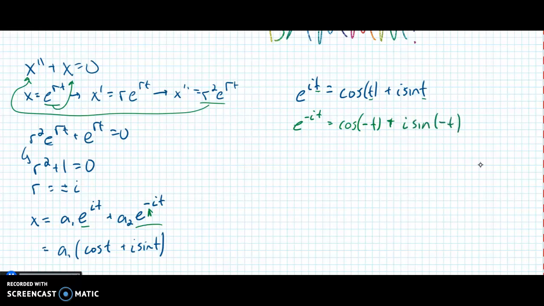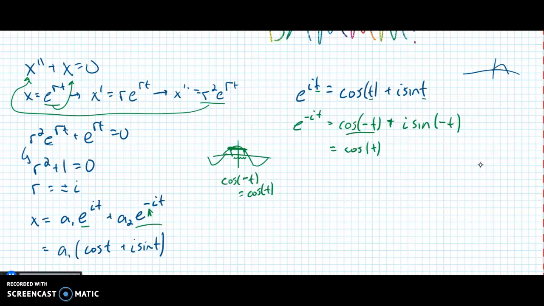Now, we don't ever write it like this, and here's why. Cosine, like x squared, is an even function. So if I go forwards an amount and backwards an amount, they're both going to have the same height. So what that means is that cosine of negative t is the same as cosine of t. So that means that I can write this cosine of negative t as just cosine of t. Then sine's an odd function.